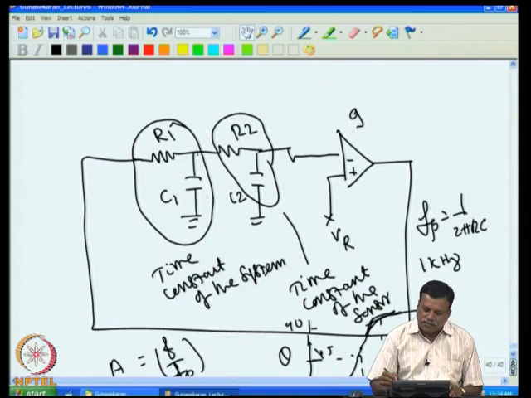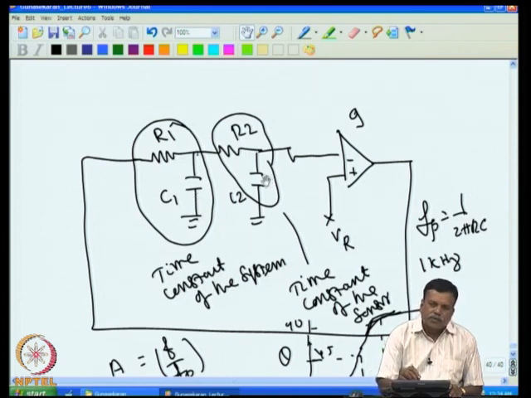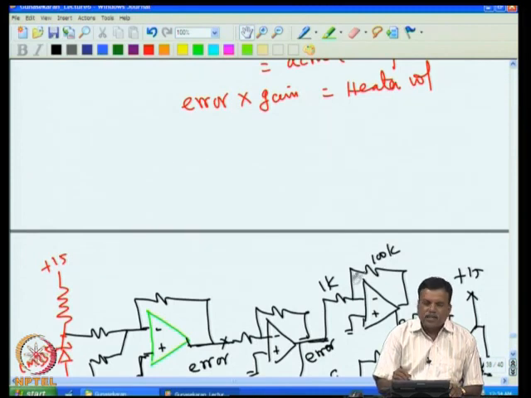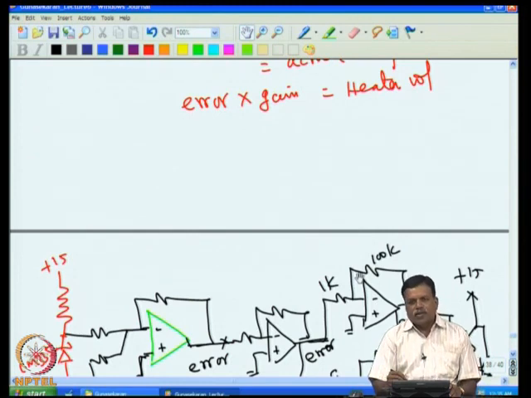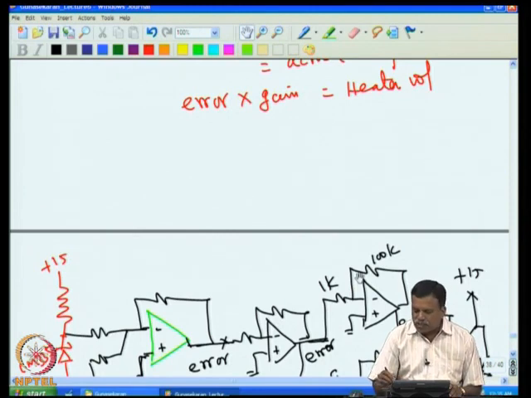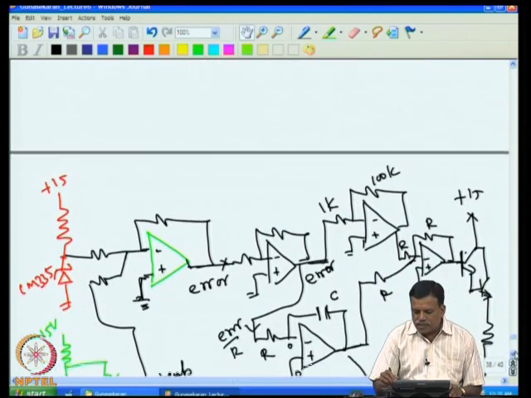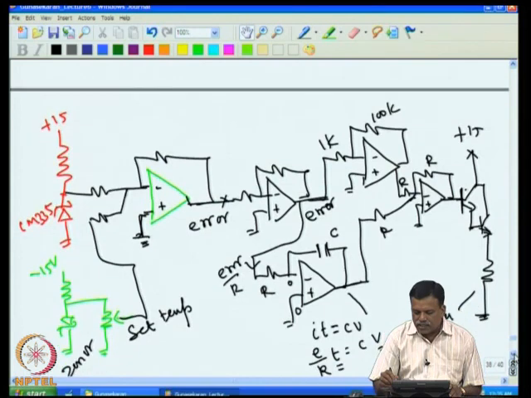What we have to understand is that, for example, if the system time constant is 100 and the sensor time constant is 1, and the gain required is not more than 100, and I put in a gain of 100 here, you will find the system is not working properly, because the gain of 100 we are told about is a temperature gain, not the electronic gain. So we have to convert this temperature gain into electronic gain; that is a must. So how do we convert this temperature gain into electronic gain?